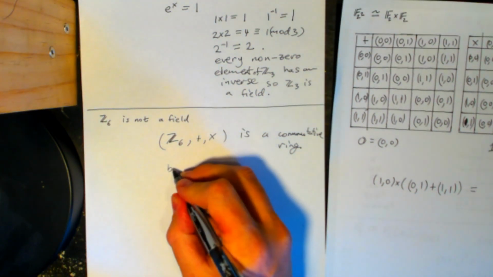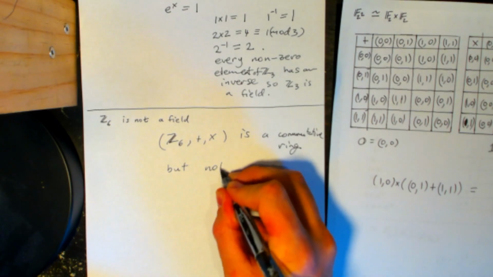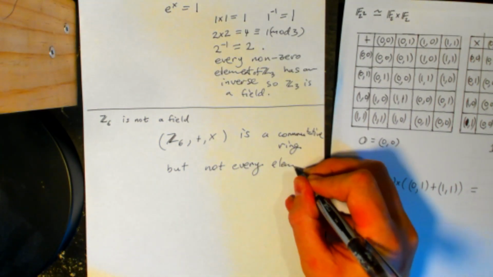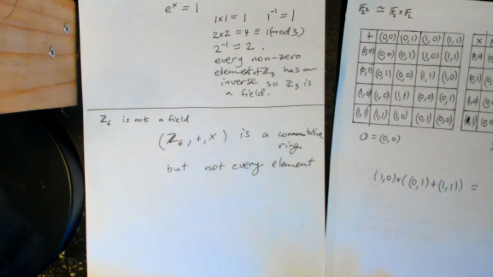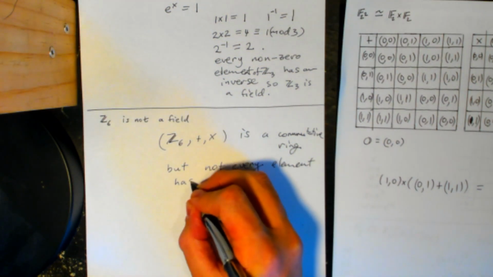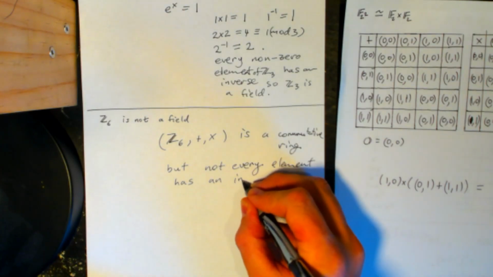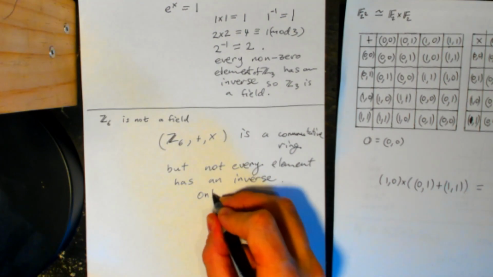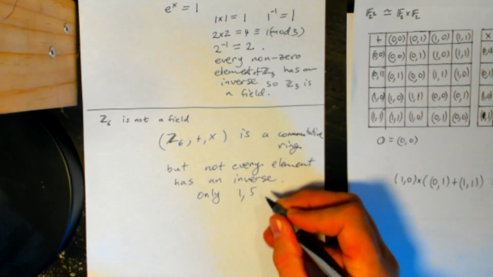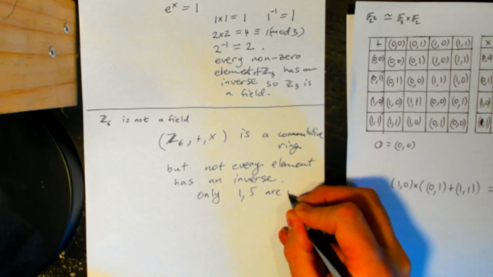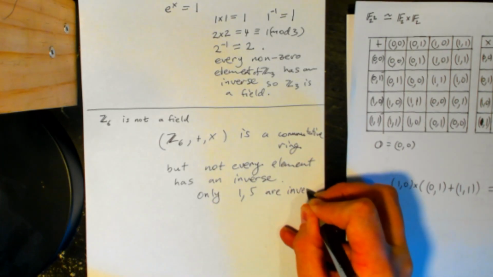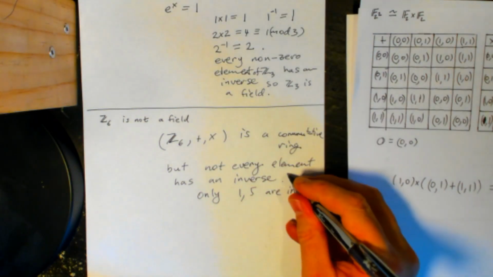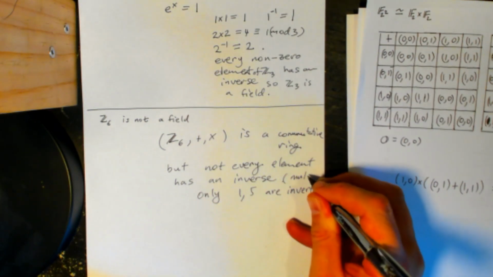But not every element, we learned in our last video, has an inverse. Only 1 and 5 are invertible. And by inverse here, I mean multiplicative.